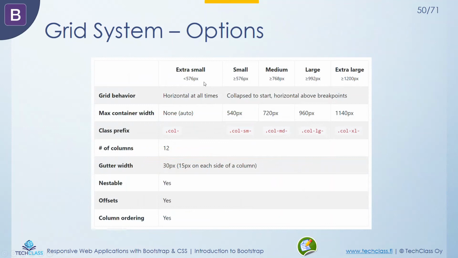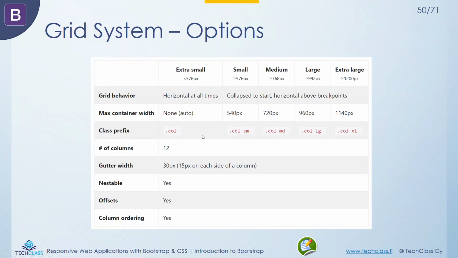Now it's a very important concept: extra small, small, medium, large, and extra large. When we are viewing our page on a device where the screen is below 576 pixels, the page is considered extra small. And these are the other numbers.